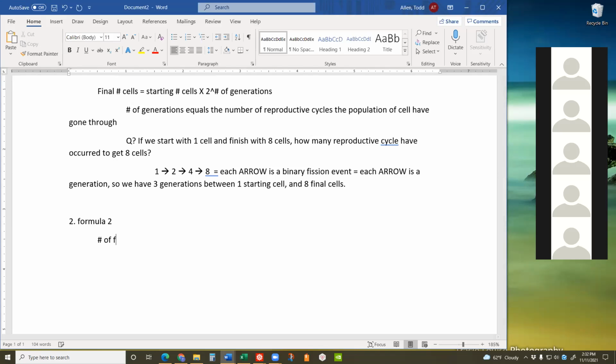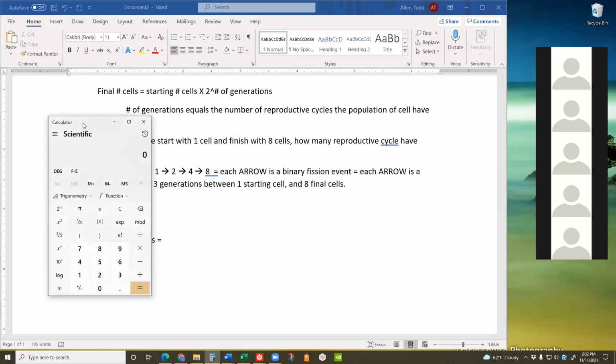Number of generations is going to be equal to the following. And this is where your ability to use the log key on your calculator comes into play, okay? I'll cover this again with you next week, but just to bring up my calculator here.